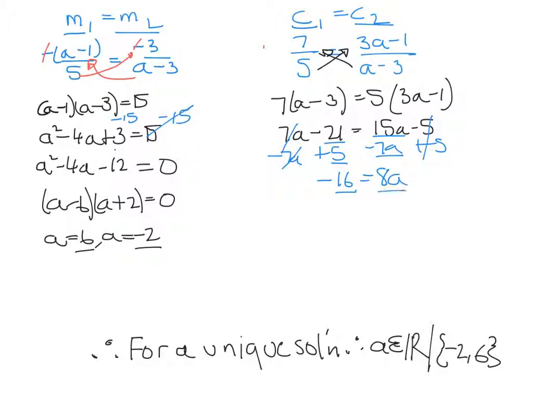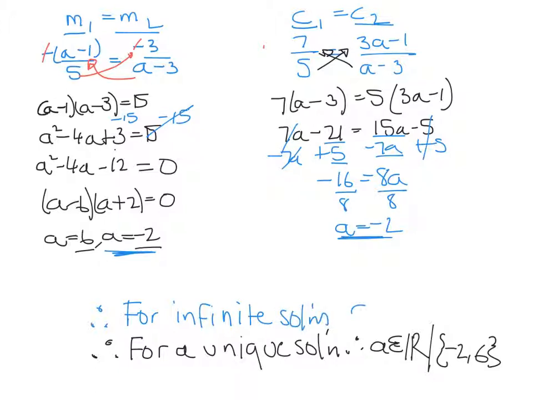Now if I divide both sides by 8, a would be equal to minus 2. I could say therefore, if the gradients were the same when a was equal to minus 2 and the intercepts were the same when a equals minus 2, therefore for infinite solutions a must be equal to minus 2.